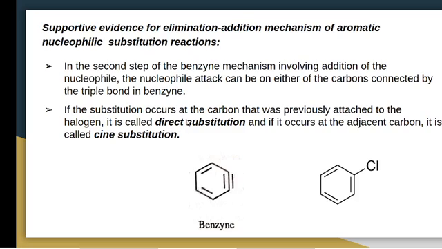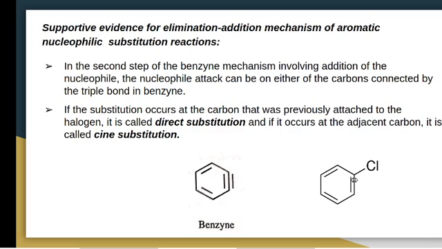If the substitution occurs at the carbon that was previously attached to the halogen, it is called direct substitution. And if it occurs at the adjacent carbon, it is called cine substitution. Consider this aromatic halogen compound. After the formation of benzyne, the incoming nucleophile can attack on this carbon or on this carbon.